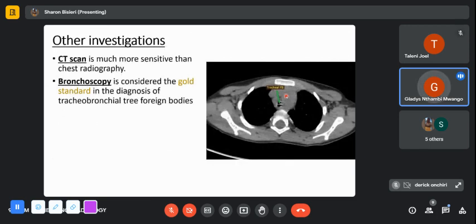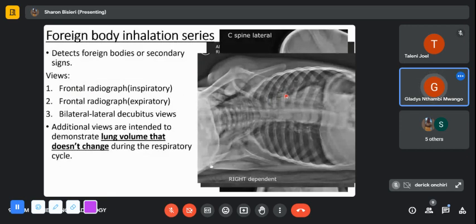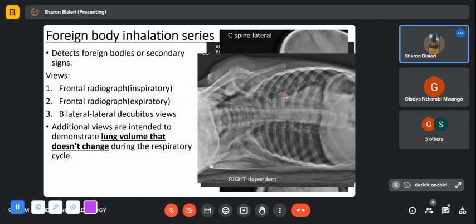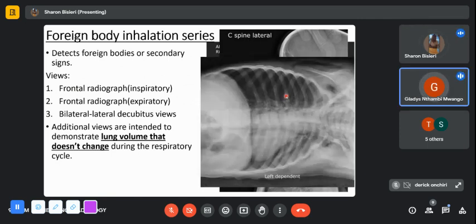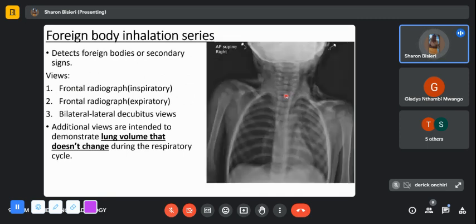Did you find the decubitus views very clear? Not really. Sharon, make a point for your decubitus views. Okay, so let me go through. In the supine expiratory, we already identified it's the right hemithorax that has the pathology.